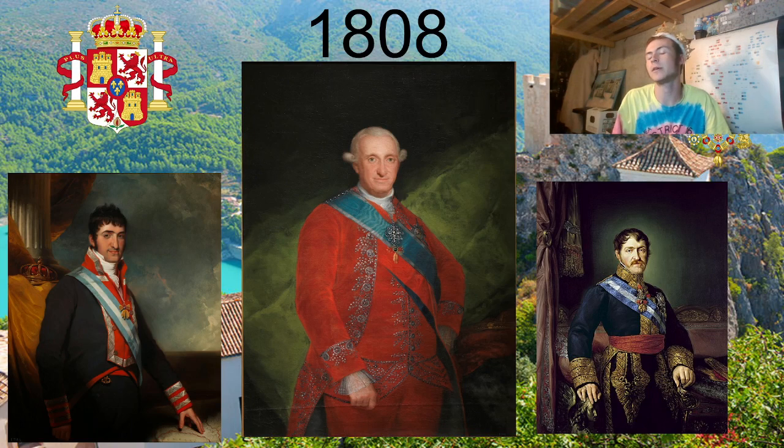He didn't conquer Spain until 1808, but Carlos IV ended up abdicating the throne, just like his great-grandfather Felipe V did.